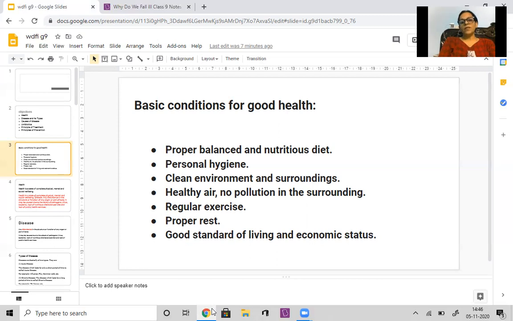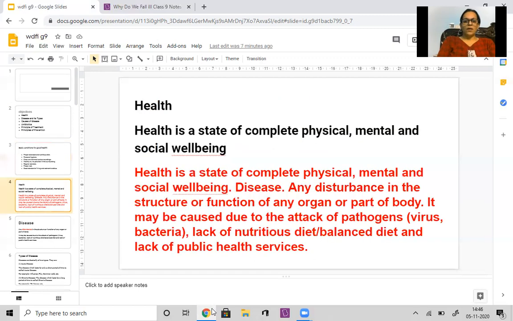But before discussing the conditions for good health, we must know what health is, right? Suppose you are just observing a person, and by observation you say, आप किसी को देख रहे हैं और उसको देखकर ही बता दे रहे हैं कि ये हेल्दी है, is it right? Take a simple example of our classroom.